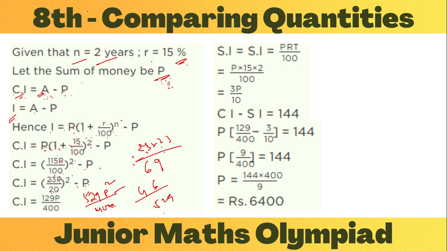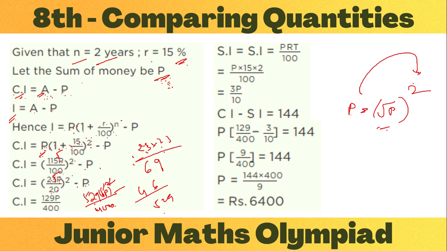One minute, children. A small mistake happened here. This P, if it goes inside a square, it will become root P, because P we can write as root P whole square. When P is going inside a square, we have to mention it as root P. So here root P, here also root P. Root P whole square means the square root gets cancelled.